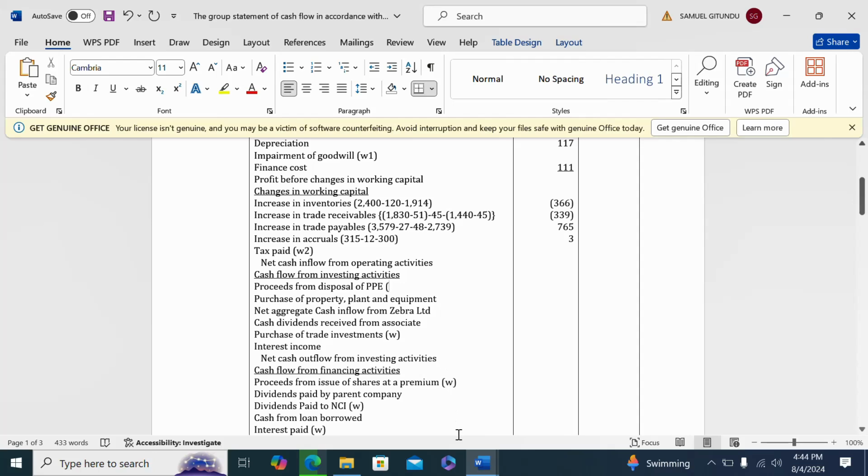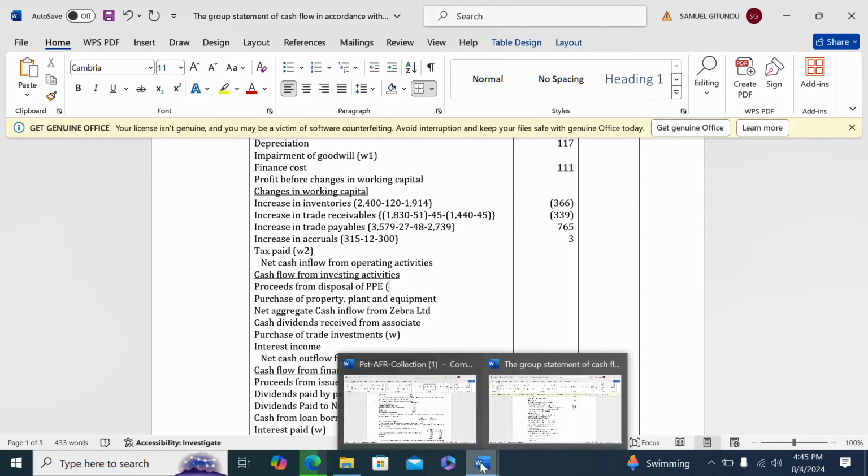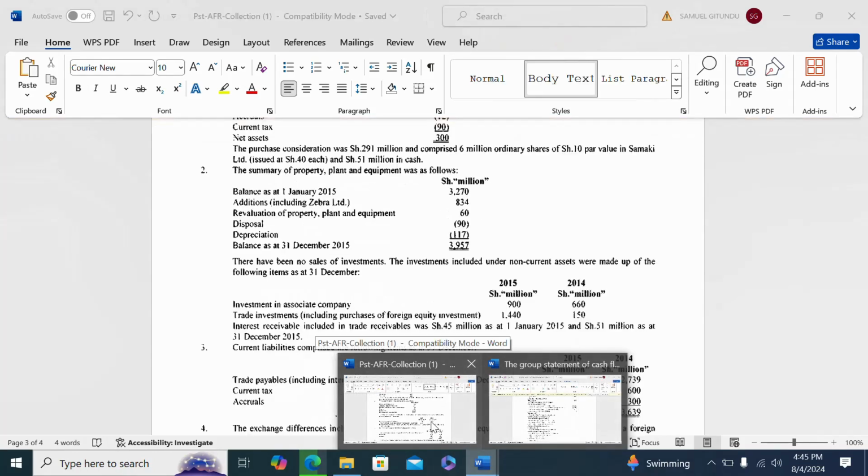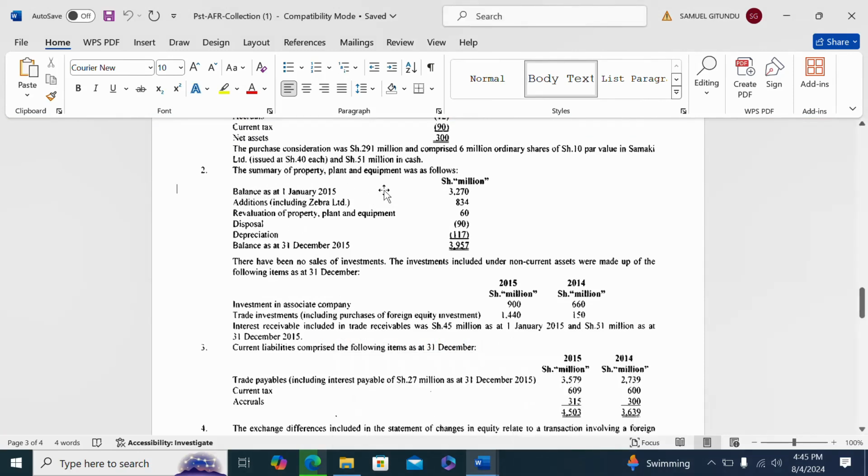We check from our question how much was the proceed from the disposal. I can see from the analysis of the property, plant and equipment, the book value of the property, plant and equipment that was disposed was 90 million.